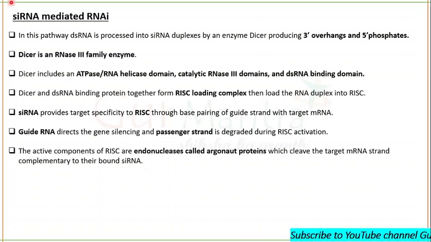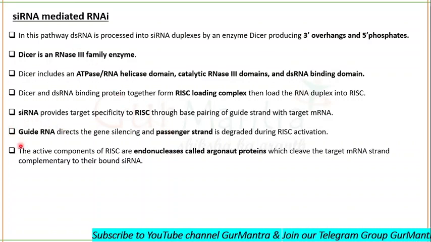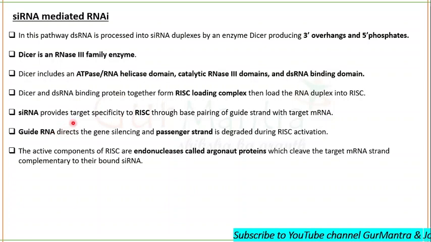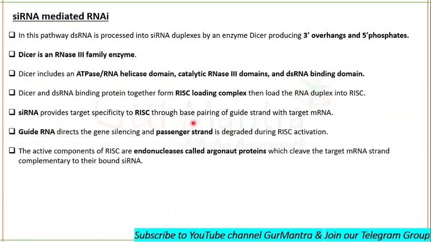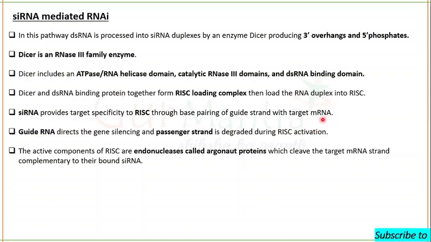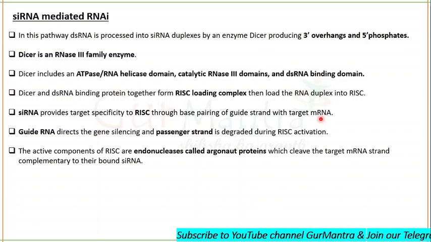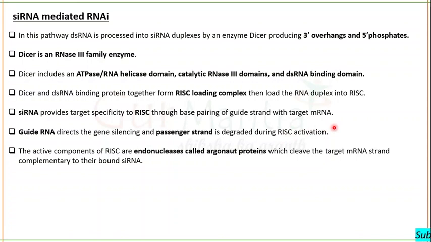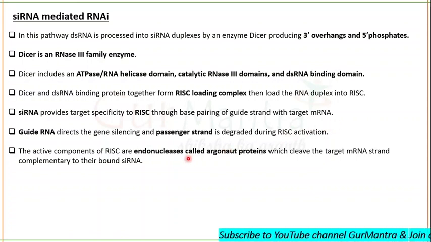And now there will be the formation of a passenger strand and a guide strand. This guide strand will provide the specificity for the RISC. It is going to direct the RISC to the targeted mRNA. Fine. This guide strand base pairs with the targeted mRNA, and the RISC complex performs its function. There, the Argonaute proteins perform their function by cleaving the mRNA molecules and silencing the genes.